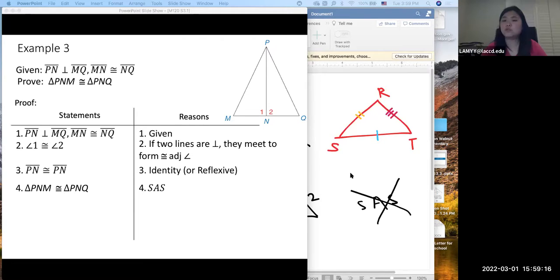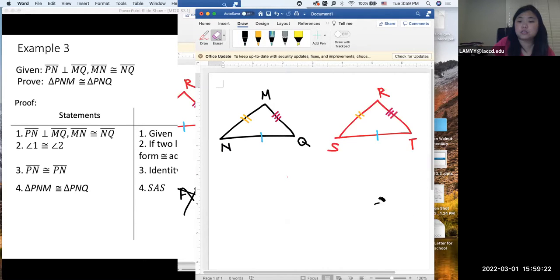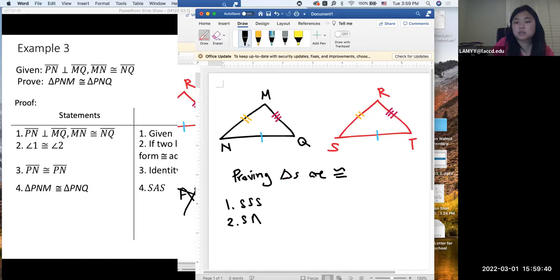So far we have side, side, side and side, angle, side. Number 1, side, side, side. Second, side, angle, side.